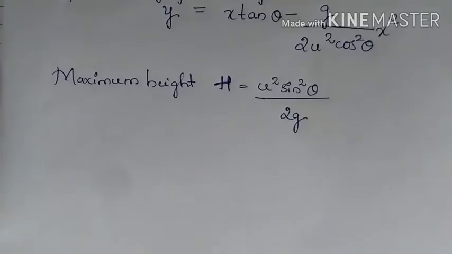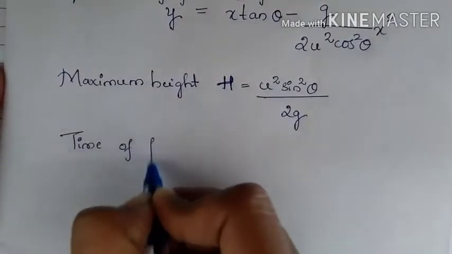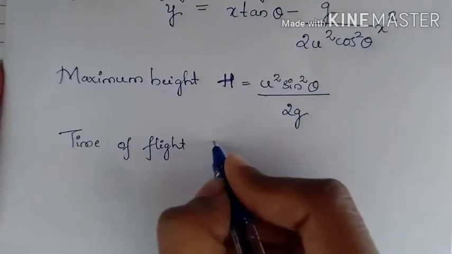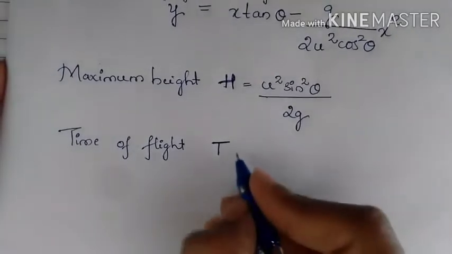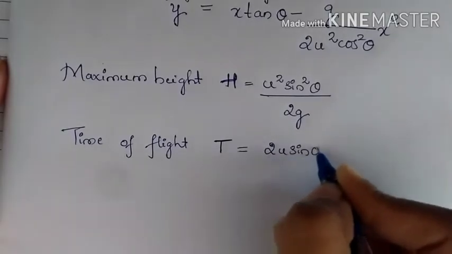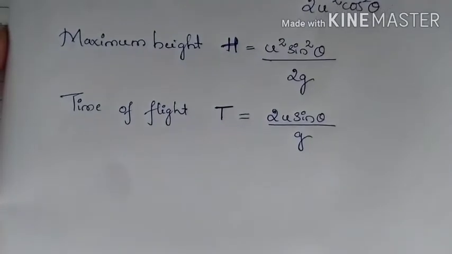The next equation was time of flight. Time of flight is denoted by capital T, and that is equal to 2u sine theta by g.